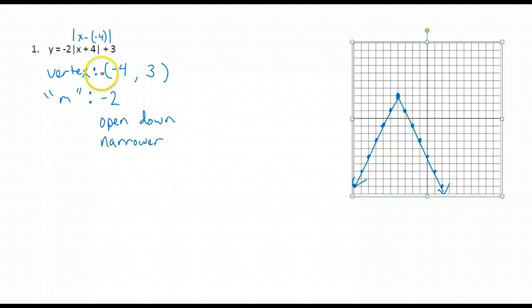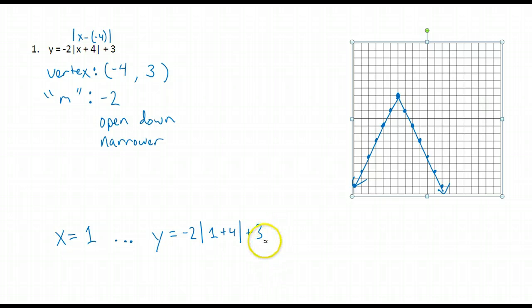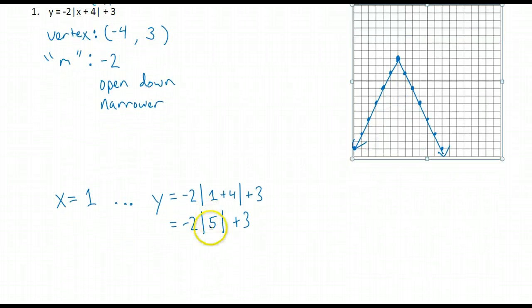Let's look at how this absolute value function actually works. What happens when x equals 1? Well, when x equals 1, what happens to y? Well, let's plug in x to find out. Y is going to equal negative 2 times the absolute value of 1 plus 4, plus 3. So let's do that math. Negative 2 times the absolute value of 5, plus 3. The absolute value of 5 is 5.